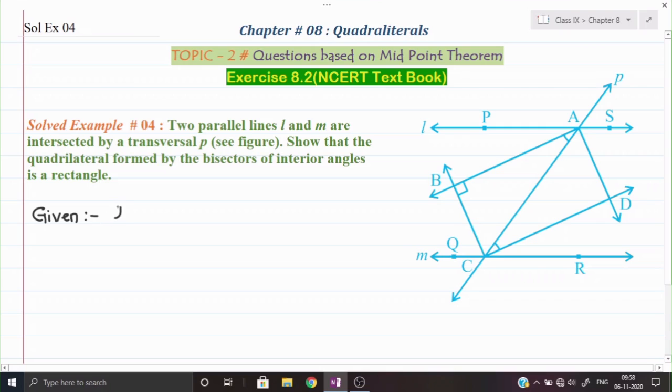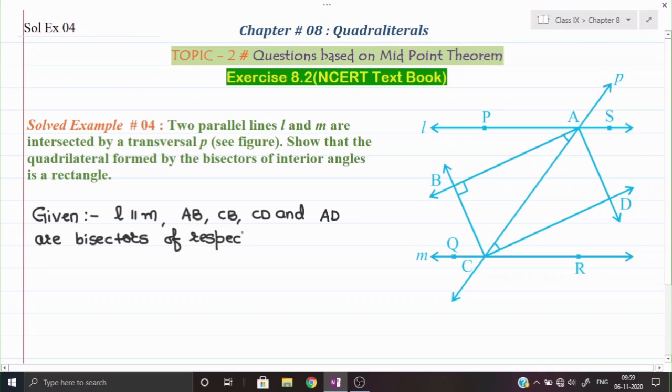So we can say that the main given is L is parallel to M. Second, we are given that AB, CB, CD and AD are bisectors of their respective interior angles.